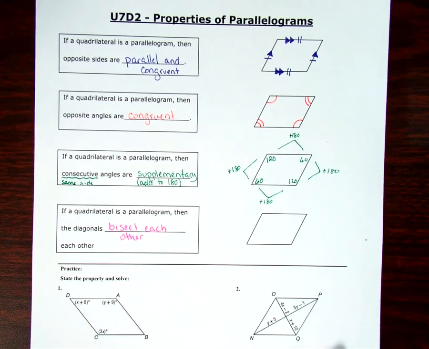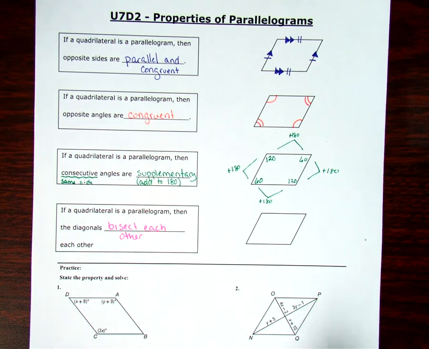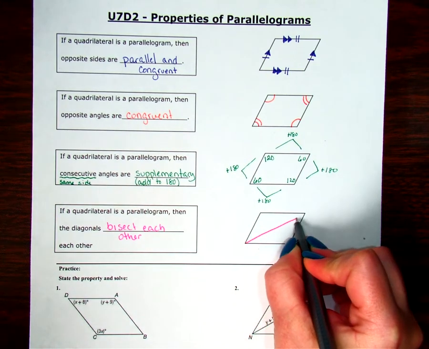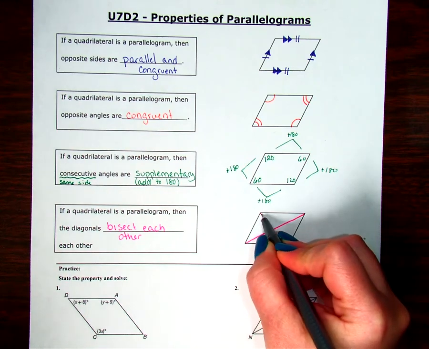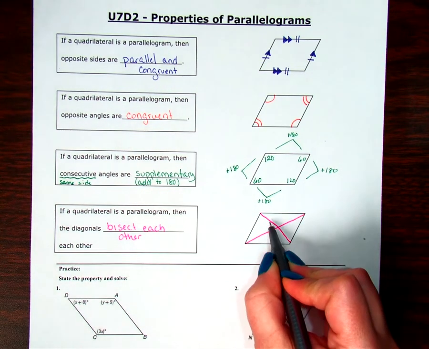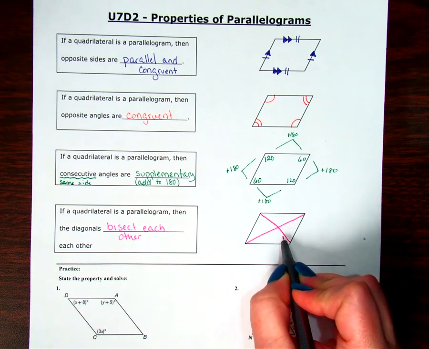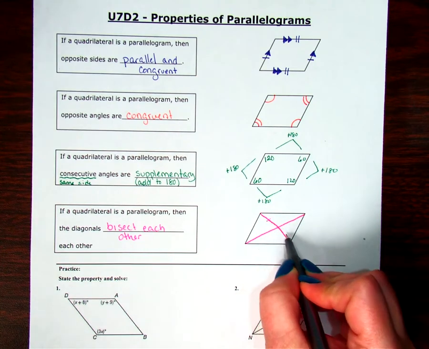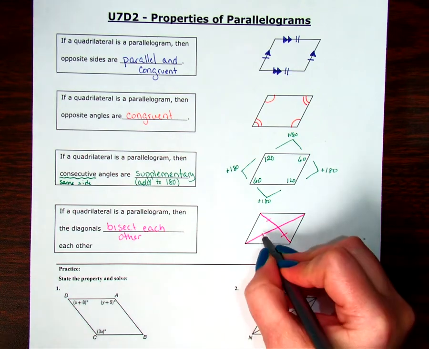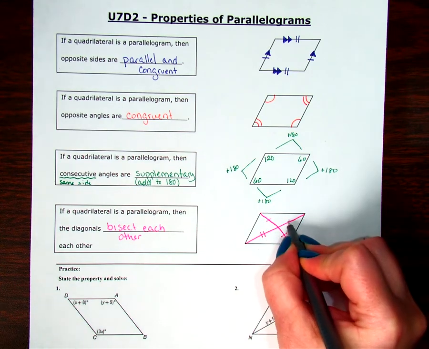Okay, so what that means is they cut each other into 2 equal halves. So if I draw in this diagonal here, and I draw in this diagonal here, I'm not going to end up necessarily with 4 equal pieces, but I'm going to have 2 pieces here that are the same length. That piece is going to be bisected, and then this one here is also going to be bisected.